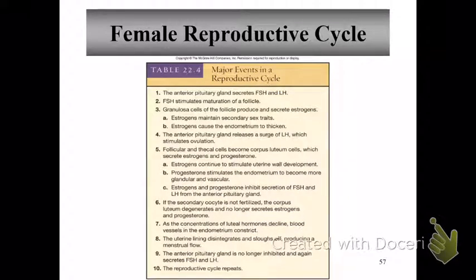Here's the steps of the reproductive cycle. Kind of tells you anterior pituitary. Again, chapter 13. Release follicle stimulating hormone and luteinizing hormone. Tells what they do. FSH gets the egg ready. Remember LH, number 4, ovulation.